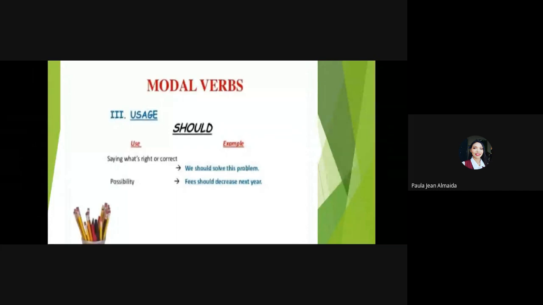For example, we should solve this problem. He is saying what is right or correct. Next, you can use should for possibility. So, fees should decrease next year. It is possible that the fees decrease next year.